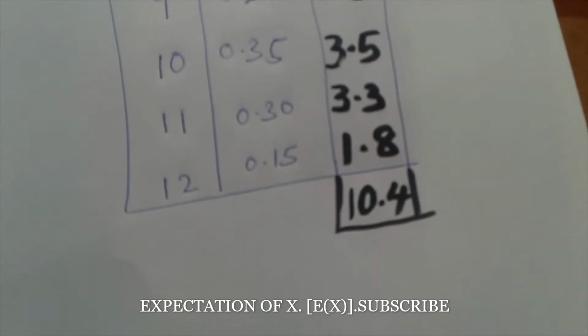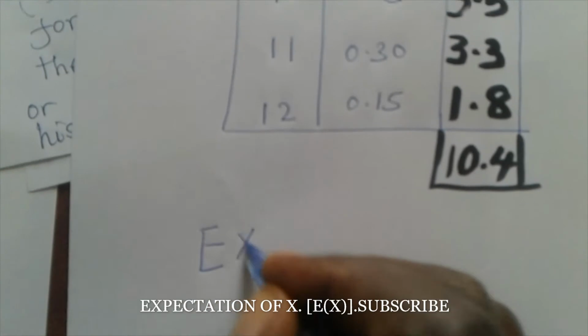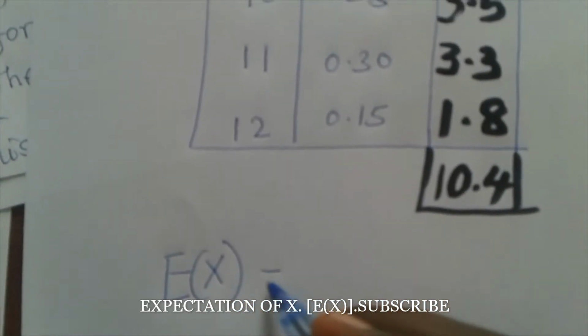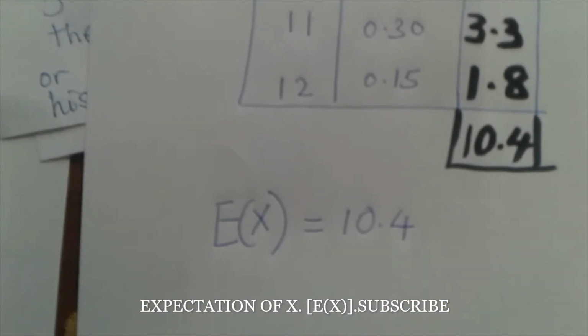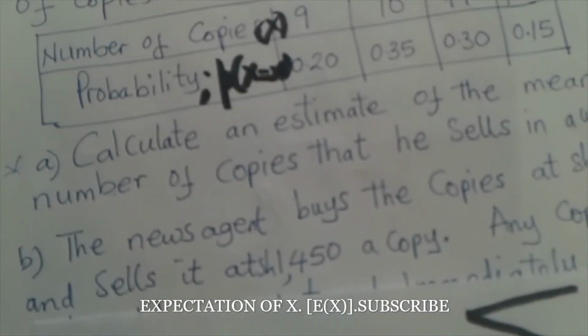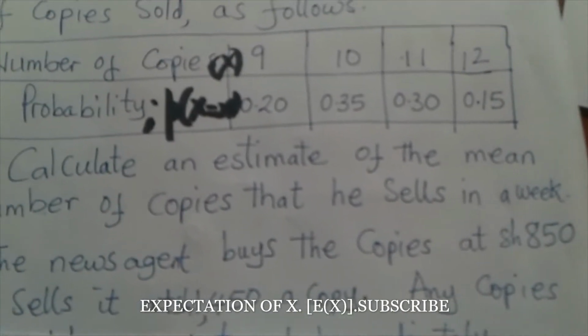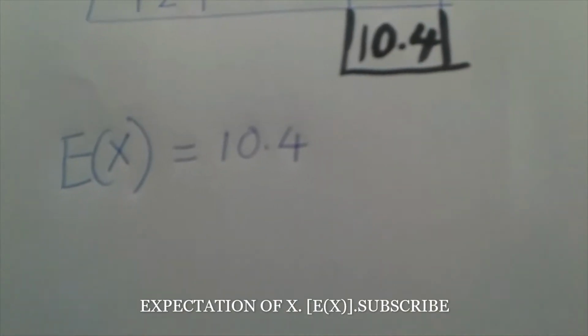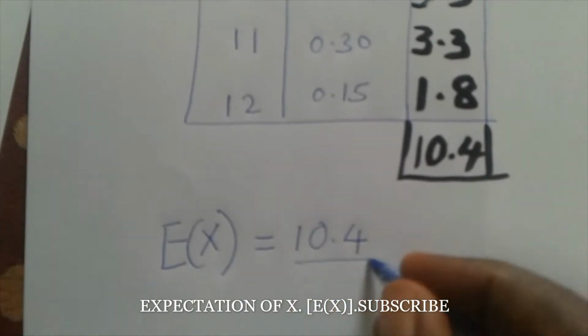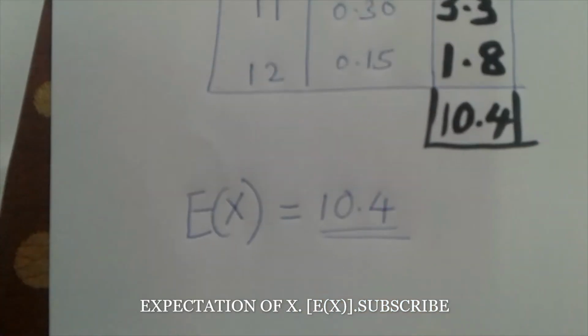And in that case, it means that expectation of X from the table is 10.4. And therefore, from our question, it was to estimate the mean, or the expected number of copies that he sells in a week. Therefore, the expected number of copies sold is on average 10.4.